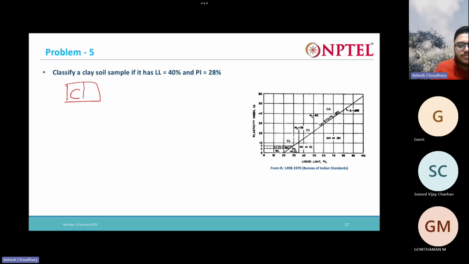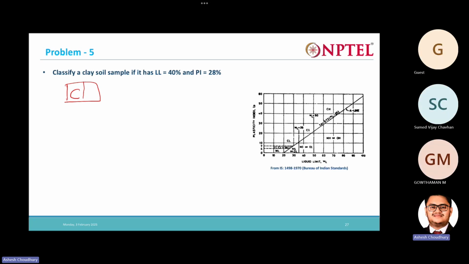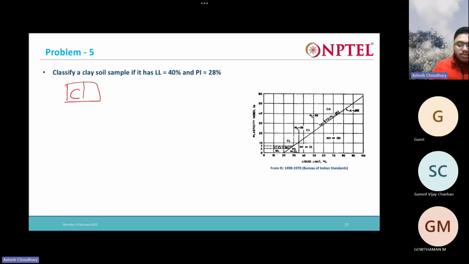Very easy. What's going to be the suffix?